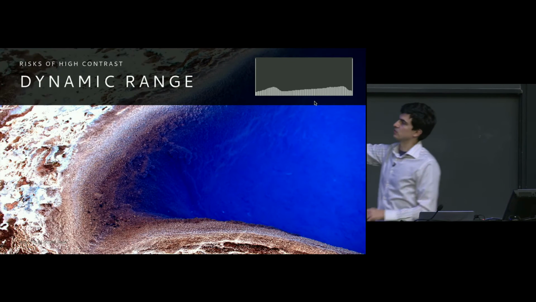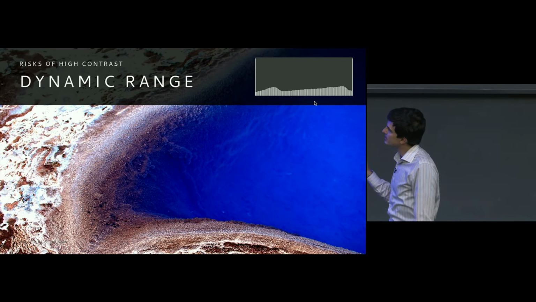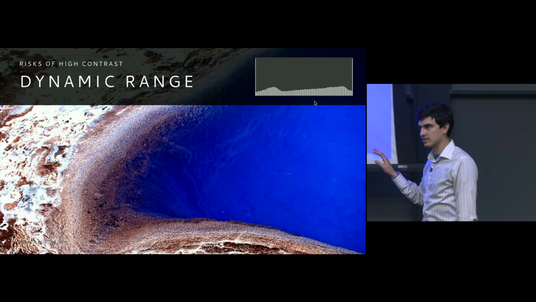And by spreading them out farther and farther, we're not going to be able to create intermediate values. We're just going to have to split them apart from each other and get these apparent gaps in the histogram.